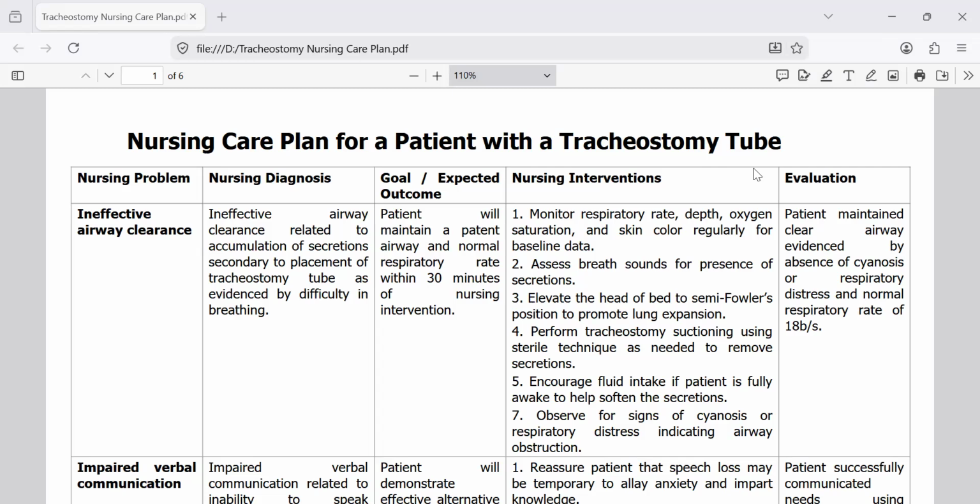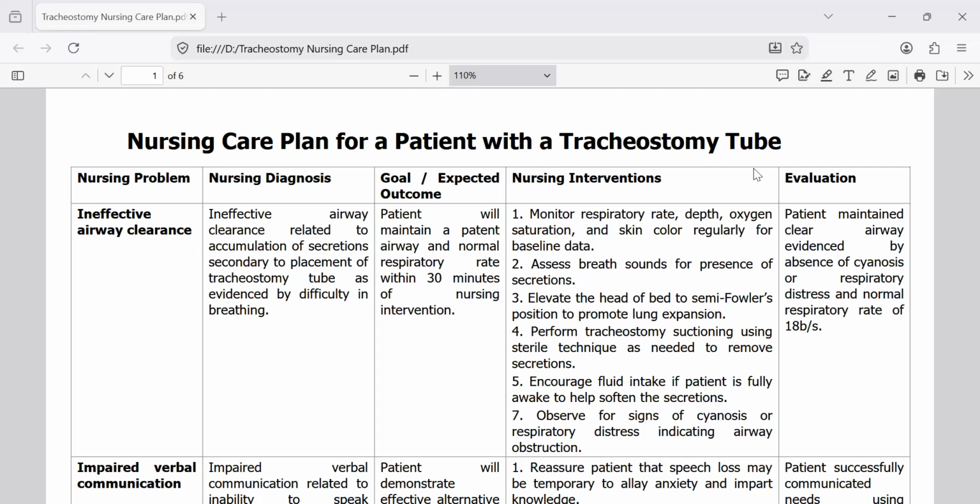So the nursing diagnosis: ineffective airway clearance related to accumulation of secretions secondary to placement of tracheostomy tube, as evidenced by difficulty in breathing. So as you can see, the ineffective airway clearance is as a result of the patient being unable to remove these secretions that are accumulating in the airway.